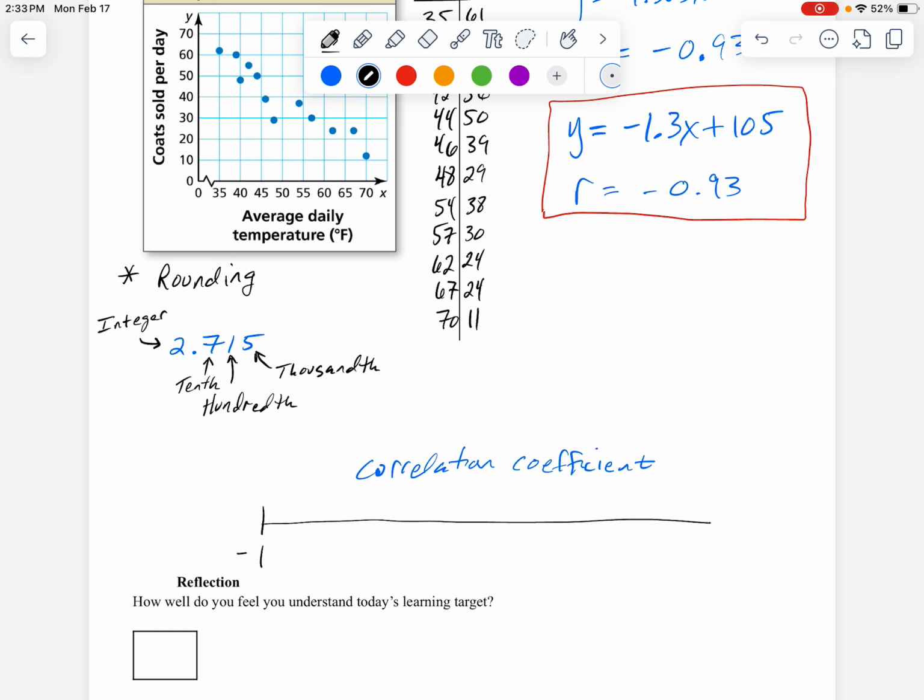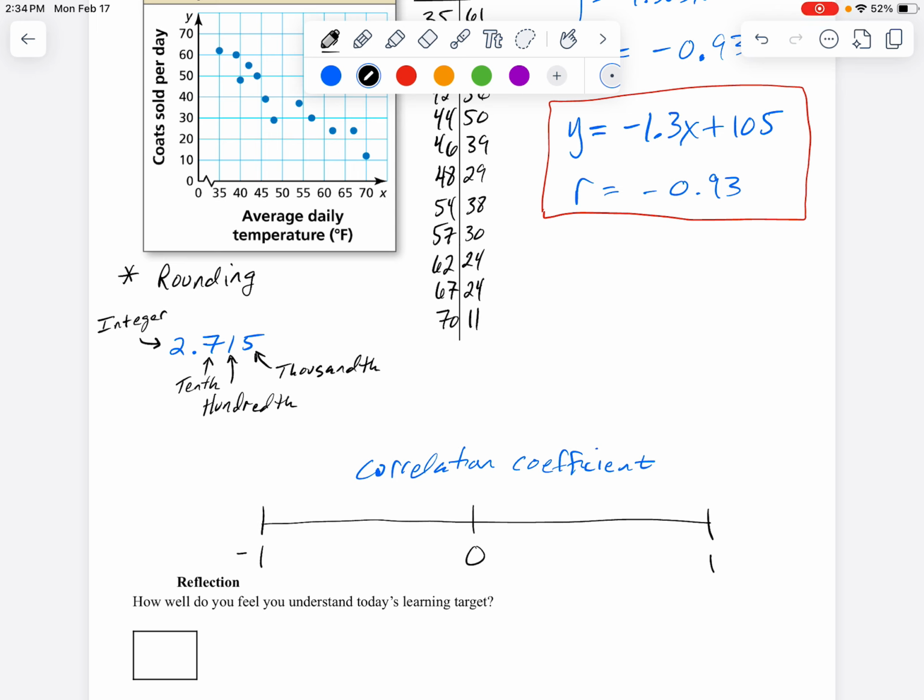So if this is -1, we've got 0 kind of in the middle, and then this is +1. And so based on this value, we can determine whether or not something has a strong or a weak correlation, and whether or not that correlation is positive or negative. So strong correlation means that it fits our line really well.